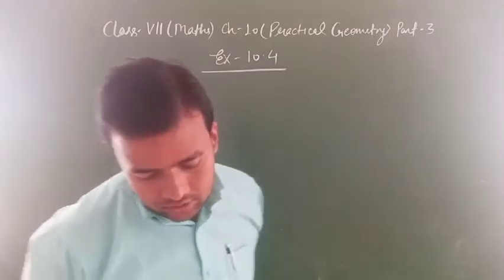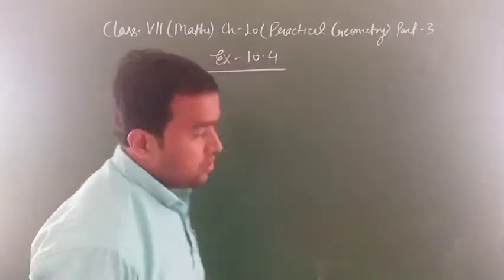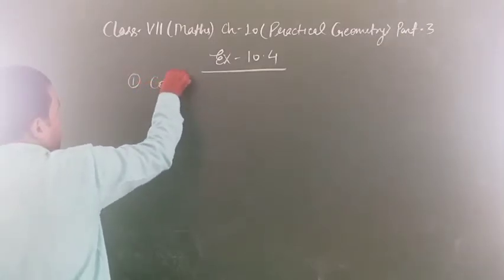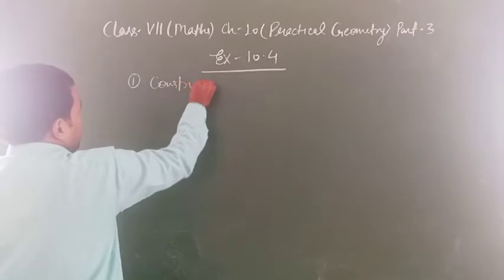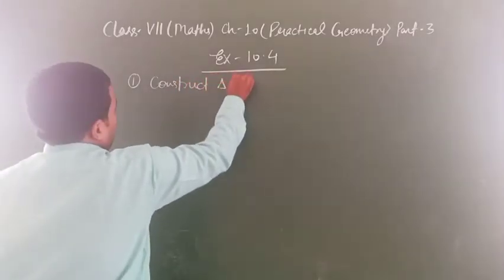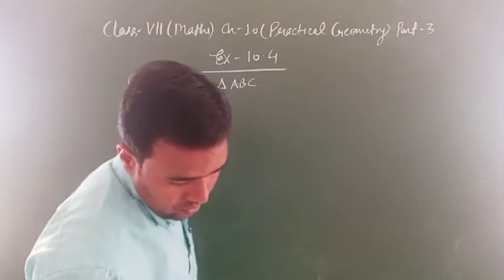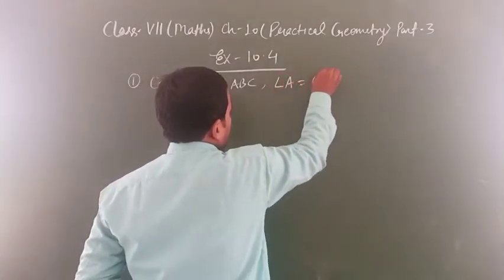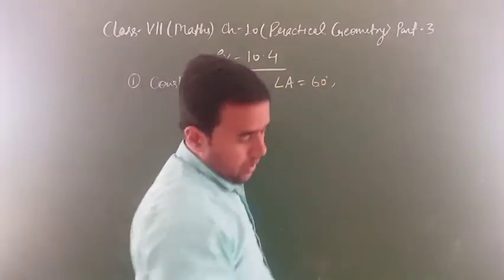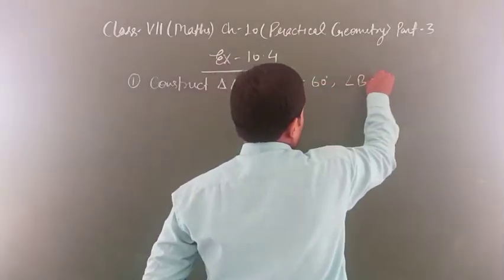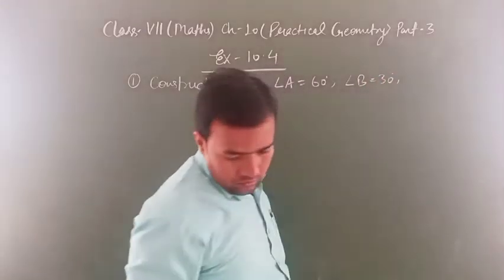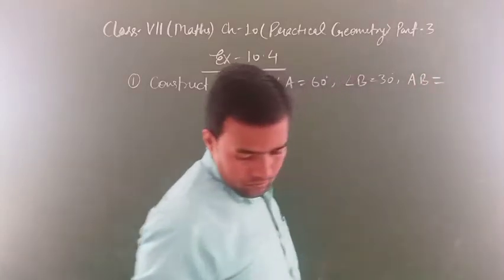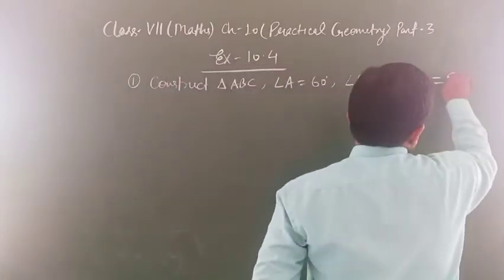First question is construct triangle ABC. Triangle ABC, angle A equal to 60 degrees, angle B equal to 30 degrees, AB equal to 5.8 centimeters.